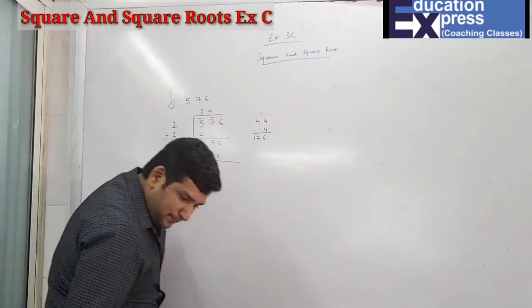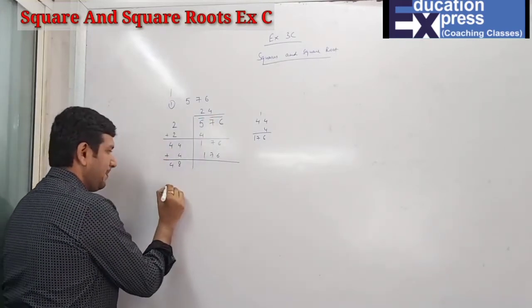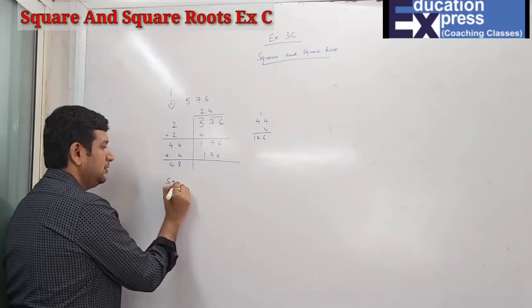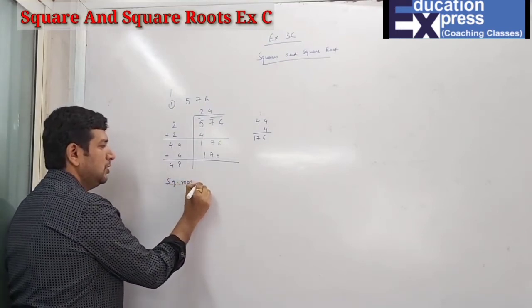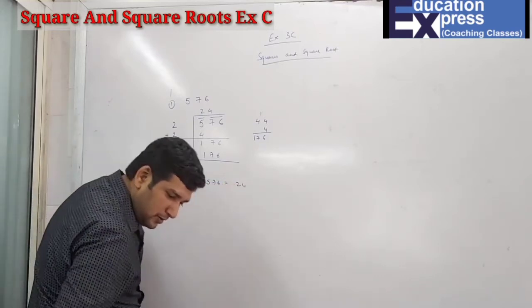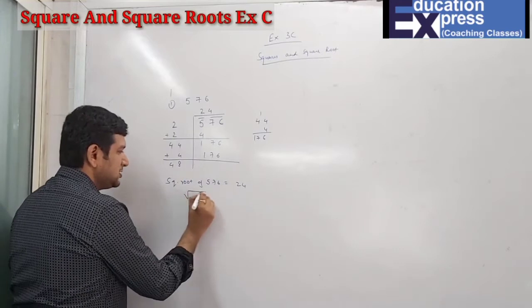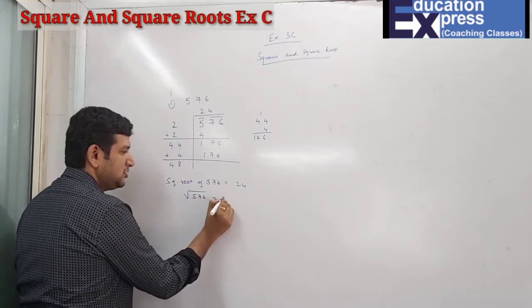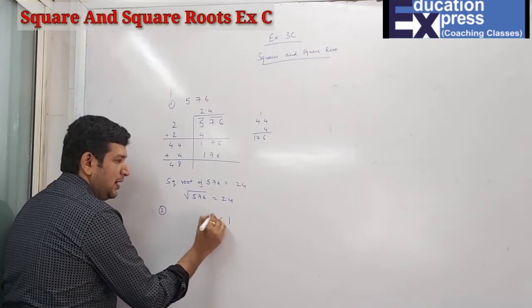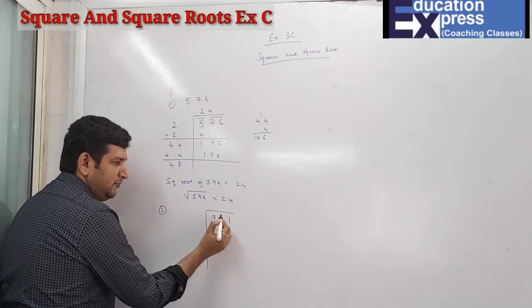Second sum, 961. You can write over here, square root of 576 is 24. Students, tell me from where to start?